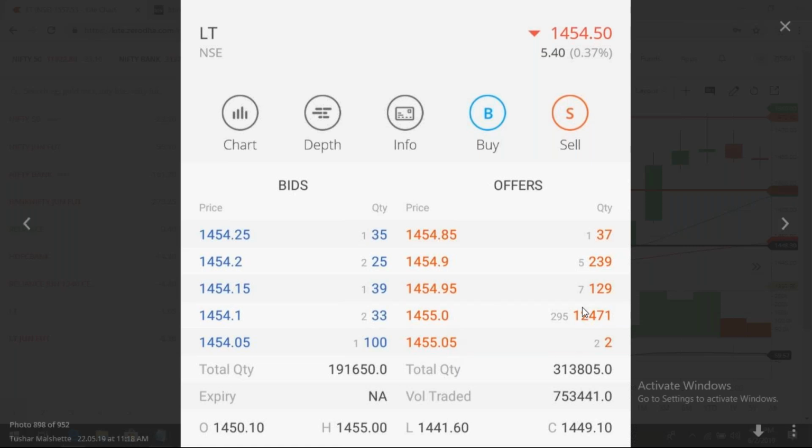Whenever this quantity is eaten, the stock will free fly, not fall, at least a minimum 1%. So what is the current rate? 1455.